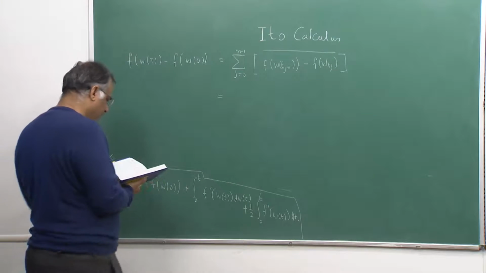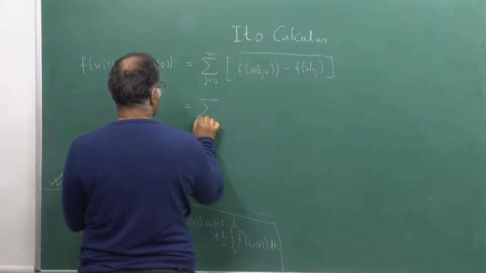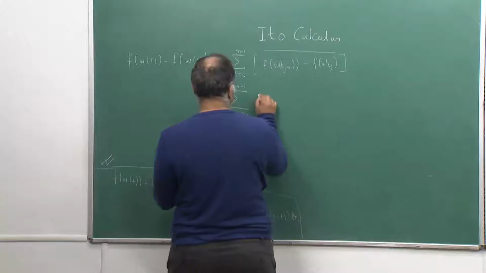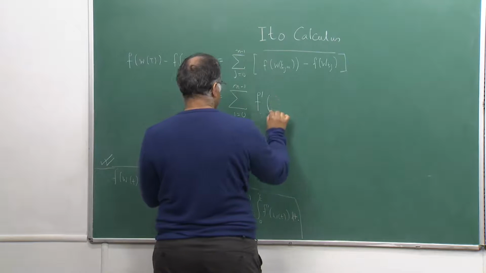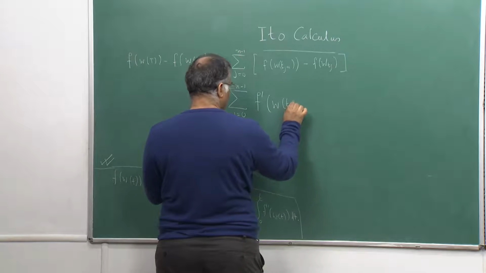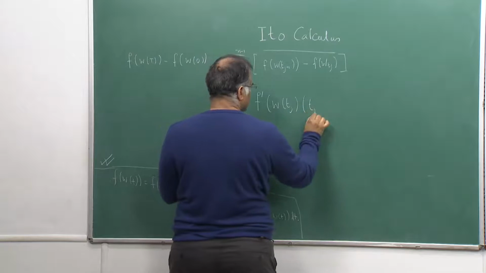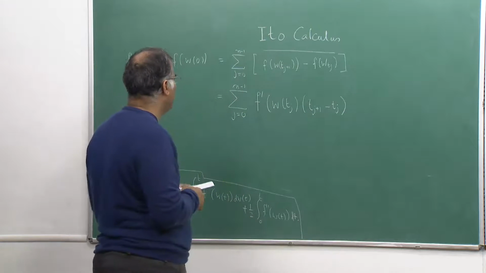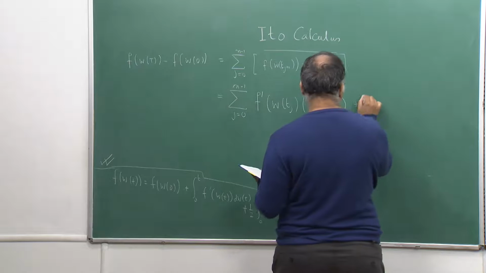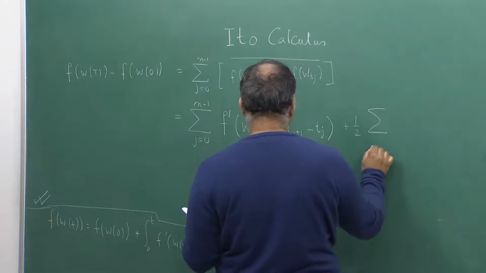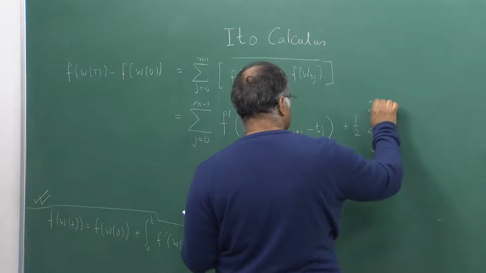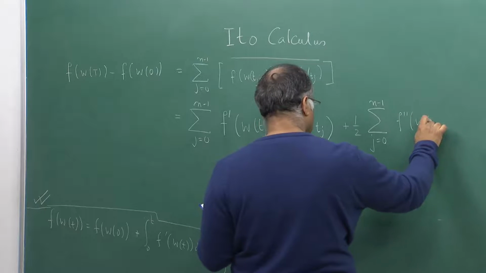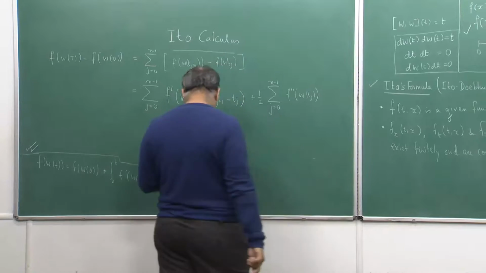Thus, I can write this for each of them, and I am finally writing the sum also. So, f is a continuous function.